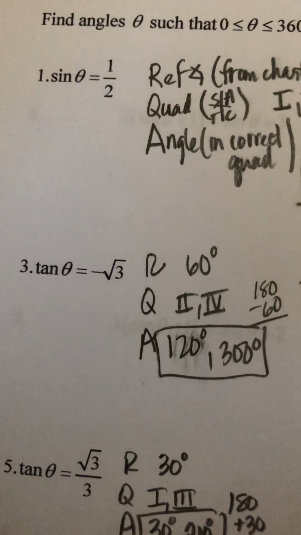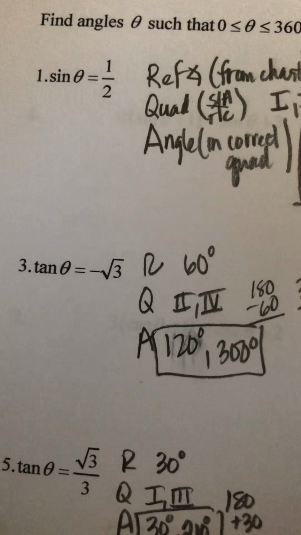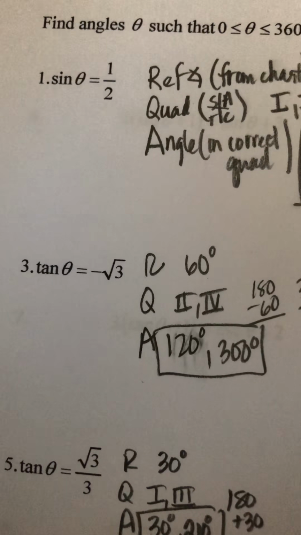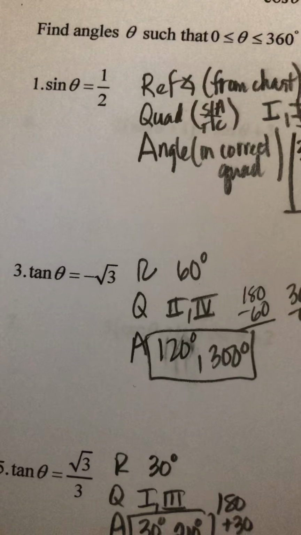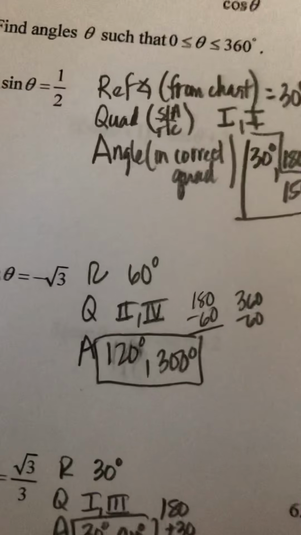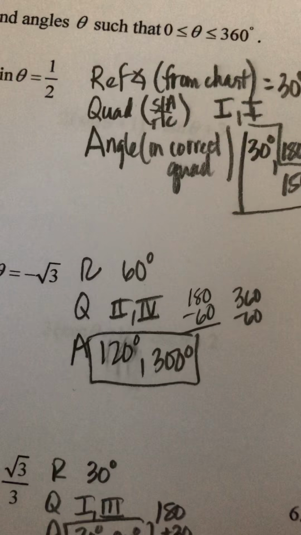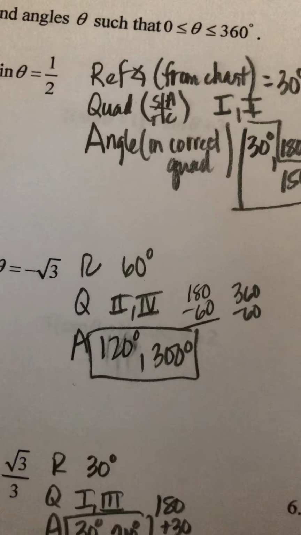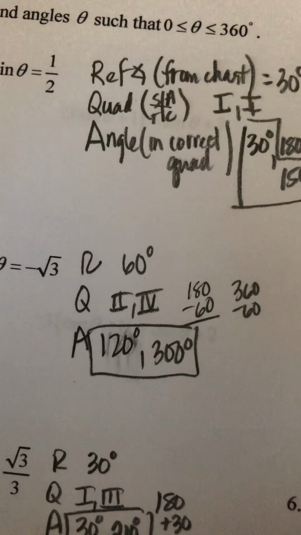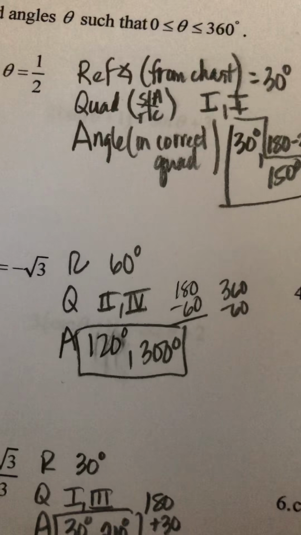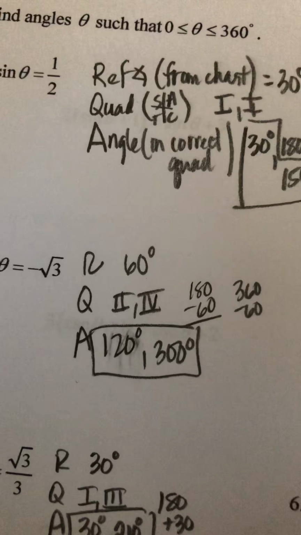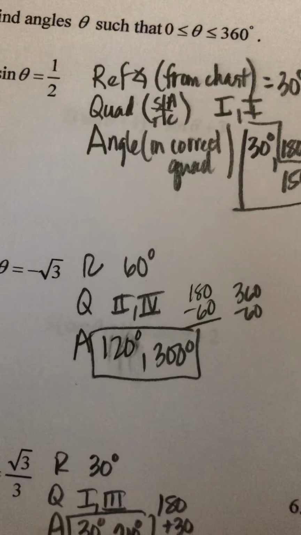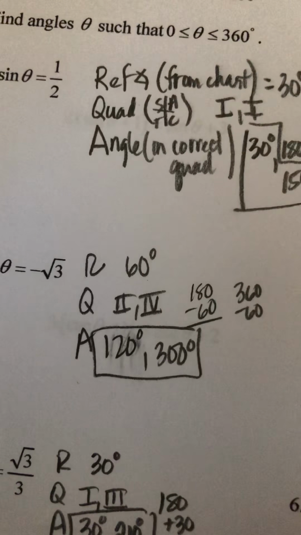Going back to ASTC, in quadrants 2 and 4, tangent is negative. So I have to take that 60 degree reference angle and put it in quadrant 2 and in quadrant 4. In quadrant 2, we do 180 minus that reference angle, and in quadrant 4, we do 360 minus that reference angle. So there we have our answers of 120 and 300.